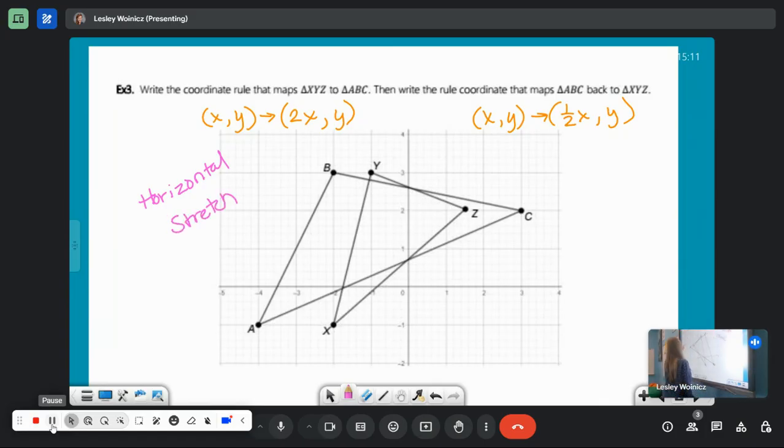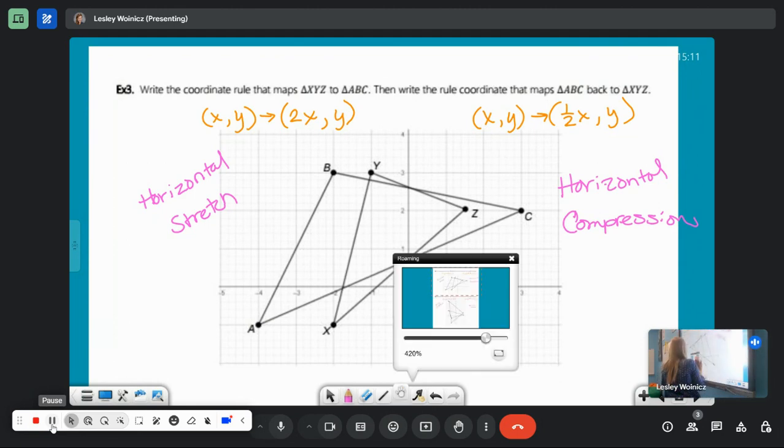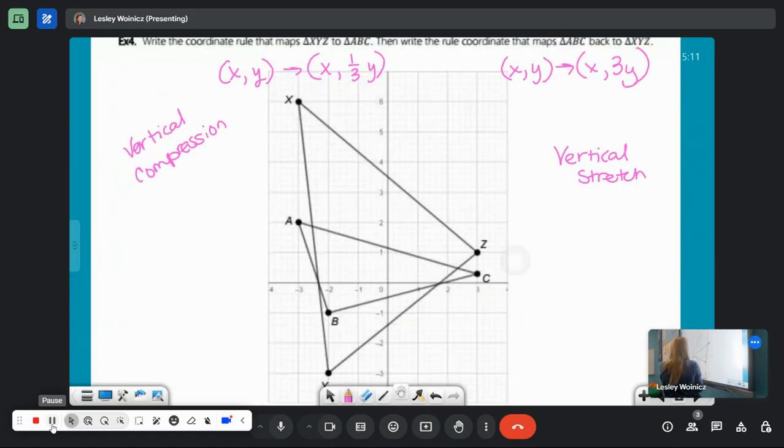And this was a horizontal compression. Notice on the horizontal ones, are they changing height? They're just getting wider and narrower. On the vertical stretches, they're keeping the same width, and they're just getting stretched vertically.